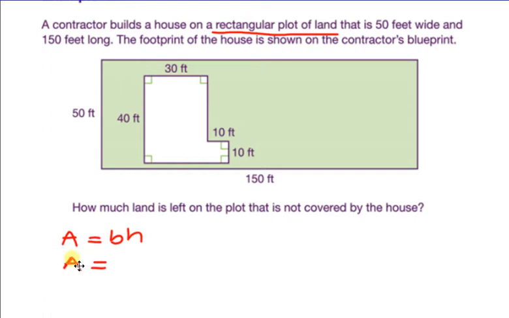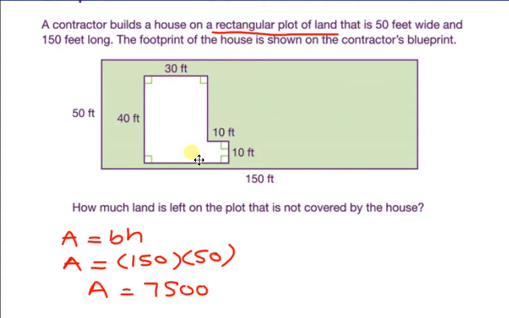So area equals, we have a base of 150 and a height of 50. When you multiply 150 and 50, you should get 7,500. So area equals 7,500.